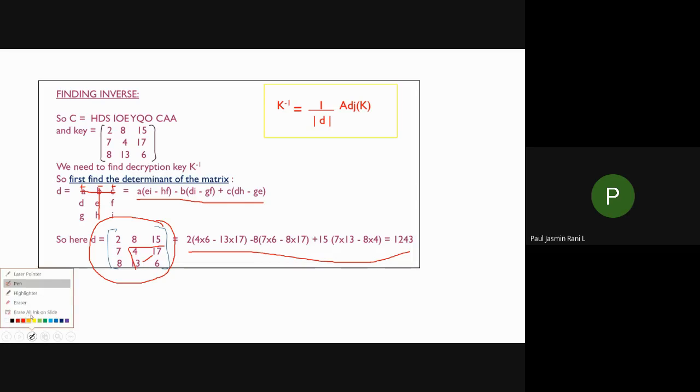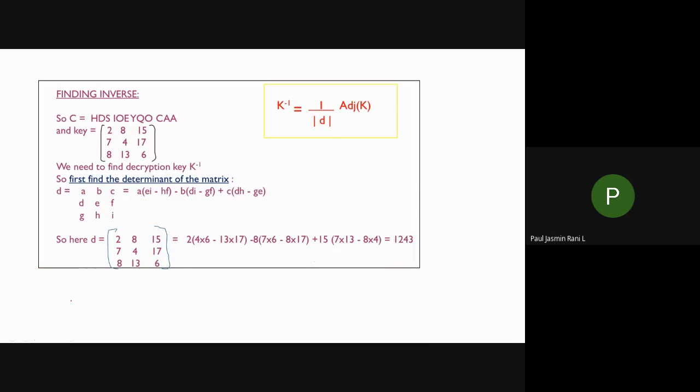Next, minus 8 into, you hide this row and column and cross multiply: 7 into 6 minus 13 into 17, as shown.